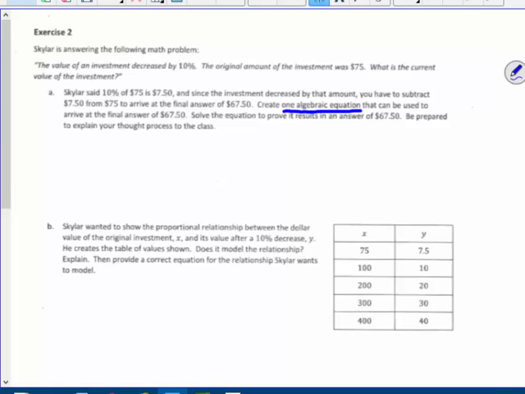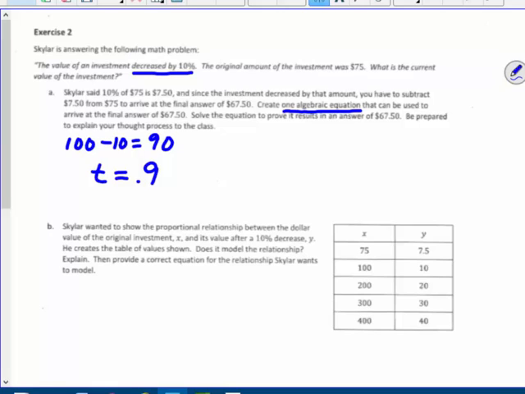Be prepared to explain your thought process to the class. So I know that if it's a decrease of 10%, 100 minus that 10 is going to give me the 90%.